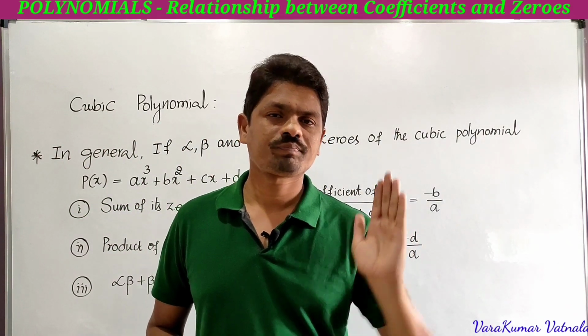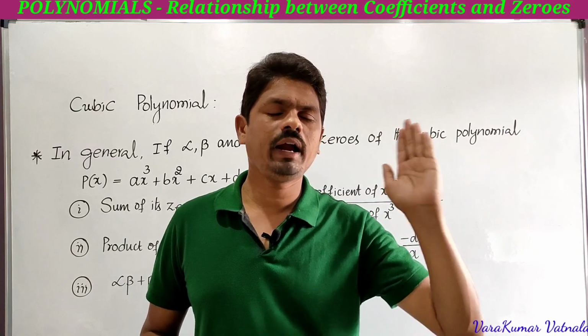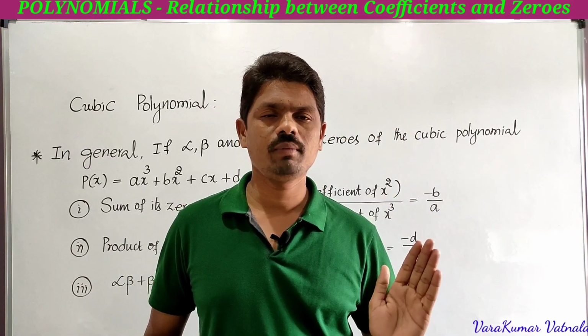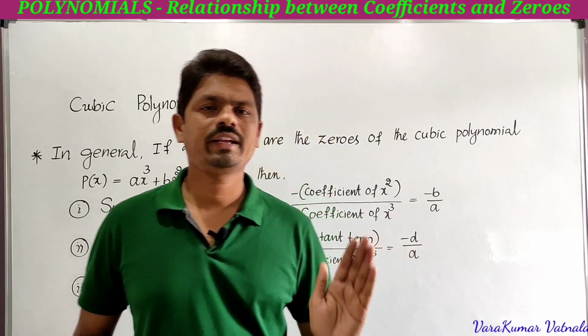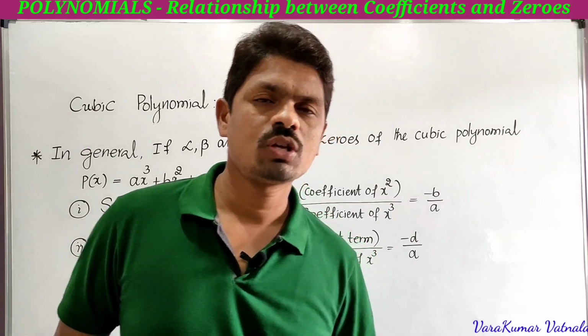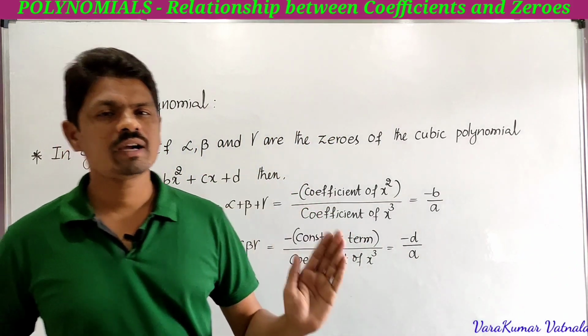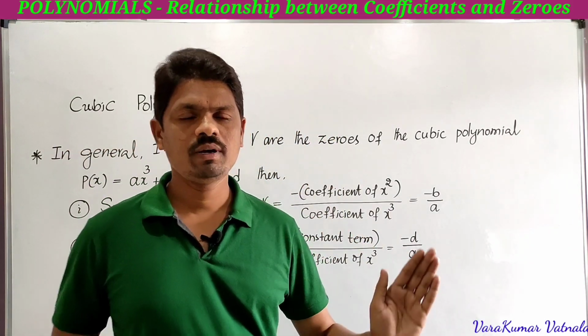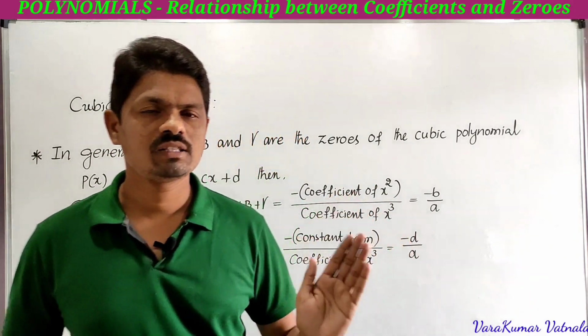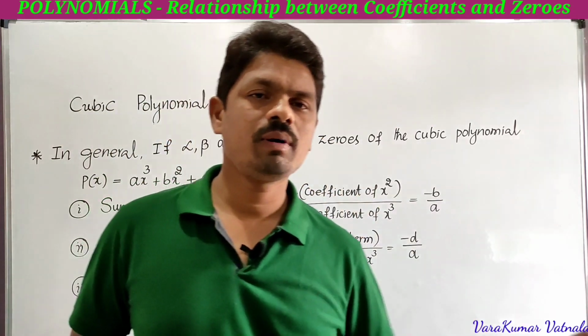See once again, if alpha, beta and gamma are the zeros of a cubic polynomial ax cube plus bx square plus cx plus d, then the sum of its zeros, alpha plus beta plus gamma, is equal to minus b by a. The product of its zeros, alpha into beta into gamma, is equal to minus d by a.